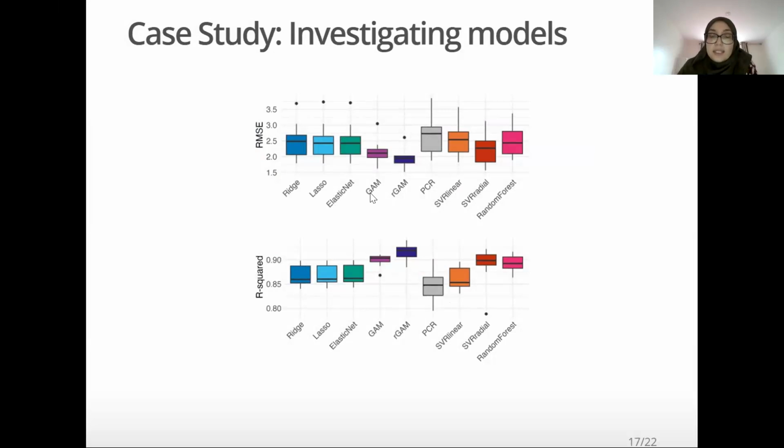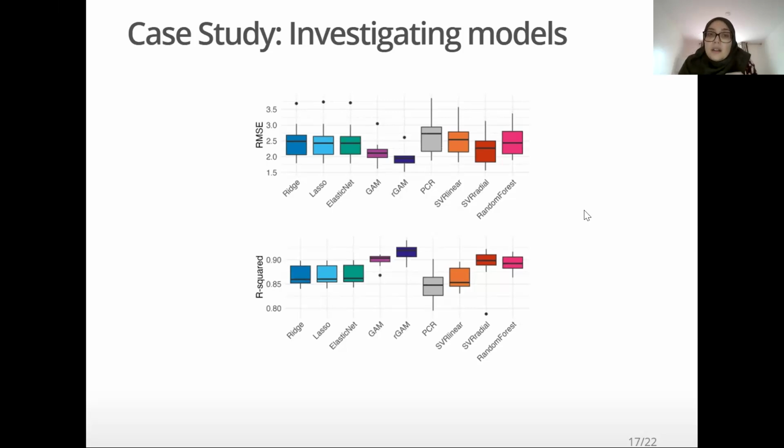We have the generalized additive models, the reduced generalized additive models, PCR, the SVR with the linear or radial RBF kernel, and the random forests. So we could basically, just by looking at the RMSE or the R squared, see that the models that are capturing nonlinear relationships are performing better, which fully supports the literature.